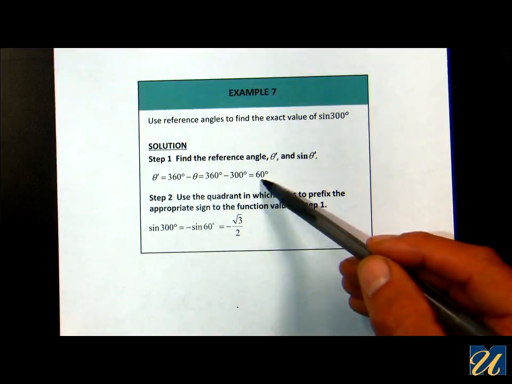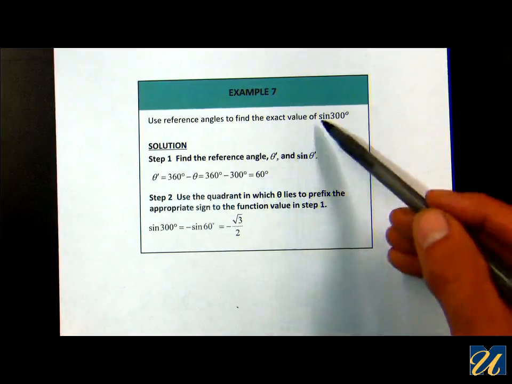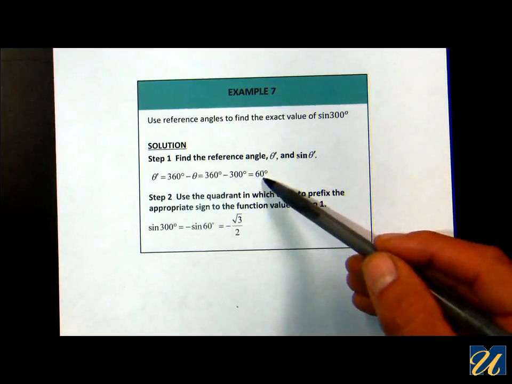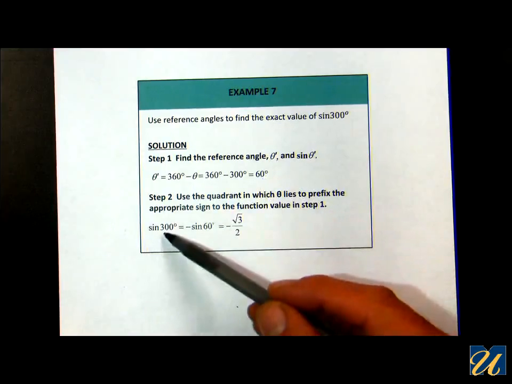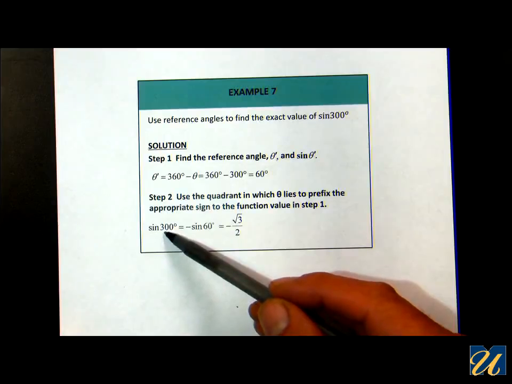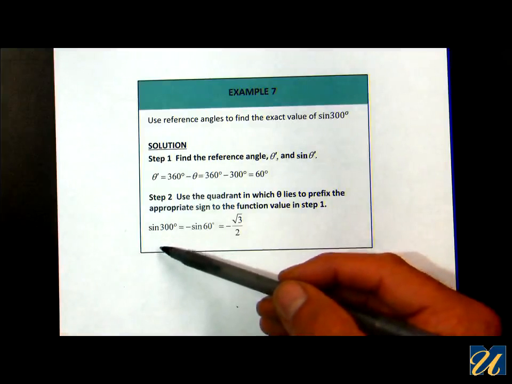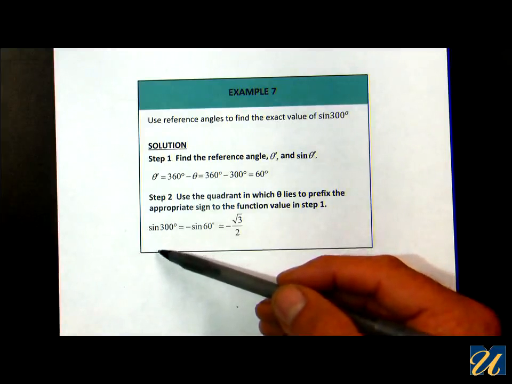So now, what do we want? We want the sine. Okay, so the sine of 60 degrees is root 3 divided by 2. But the given angle is 300 degrees. So you have to look at the fourth quadrant.